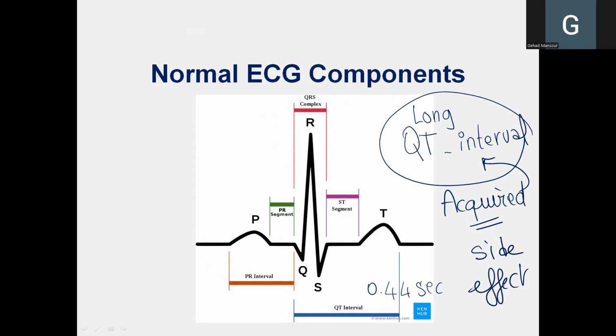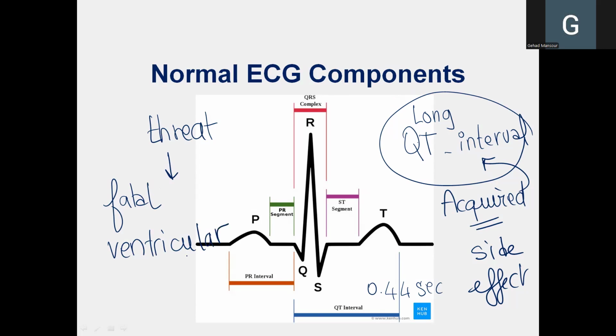What's the drawback of having a longer than usual QT interval? This is a threat to the patient. Why is it a threat to the patient? Because it might result in fatal ventricular arrhythmias. And this is all what you have to know at this level about a prolonged QT interval.